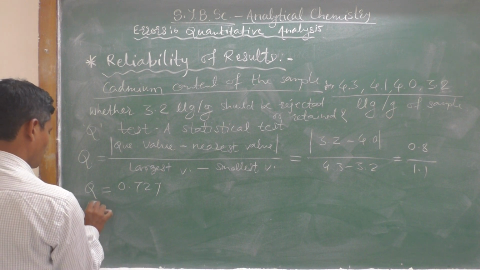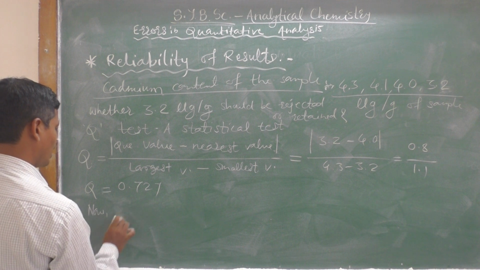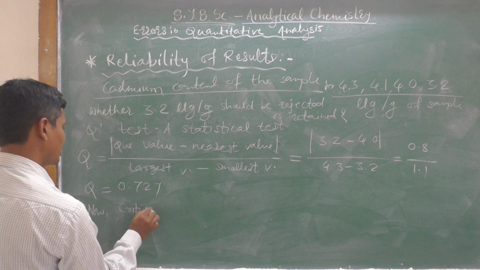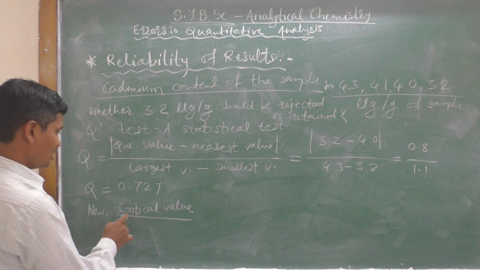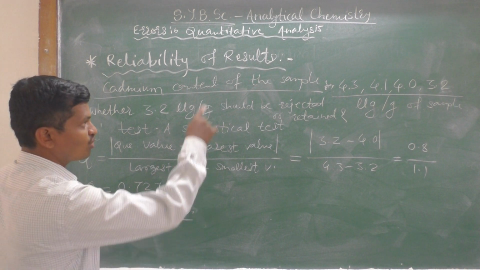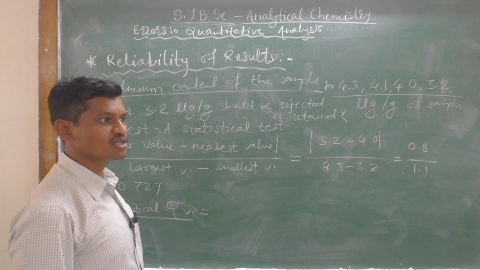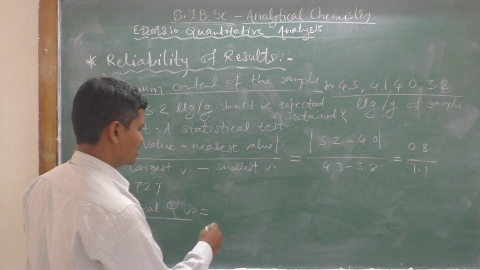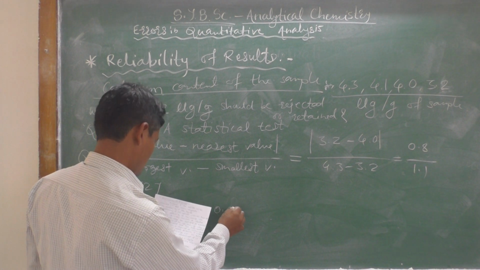Now the critical Q value obtained for these 4 samples from the Q table is 0.831.